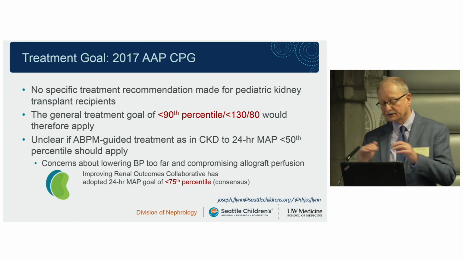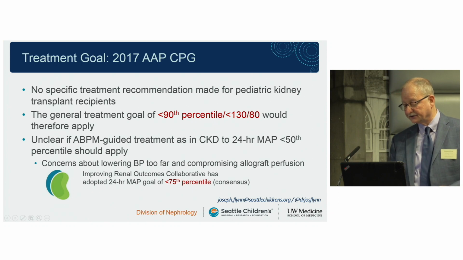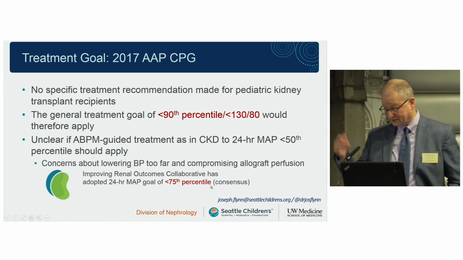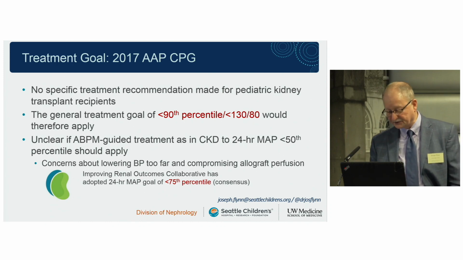So our consensus was 75th percentile on 24-hour MAP. So I don't know if that answers your question, but I think that's still reasonable. But we need a study, basically.